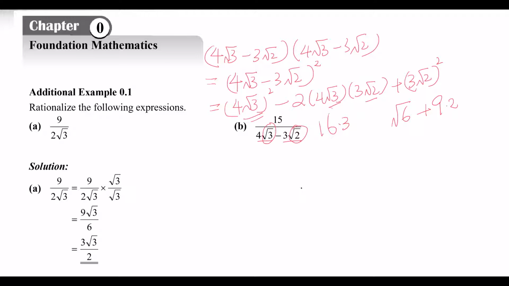Therefore, this one also consists of an irrational term, and we will see that if we multiply something like that, we have the square of this one, and we also have the square of the second term, 3 root 2, but this middle term is unwanted, okay?